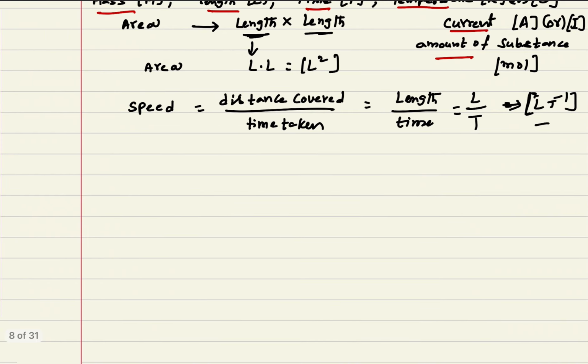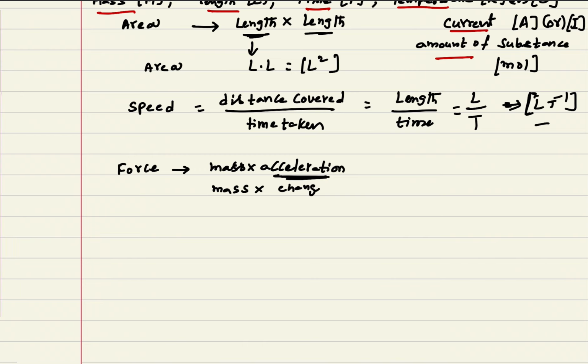In the same way, for different physical quantities, simply I am writing force. Force can be written as mass into acceleration. Mass is already a fundamental physical quantity, but acceleration is not a fundamental physical quantity. It is a derived physical quantity. Acceleration is change in velocity by time.